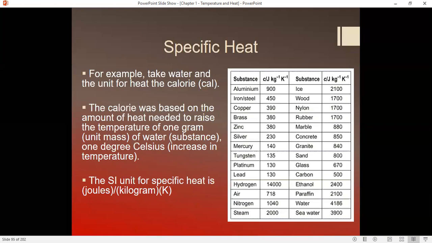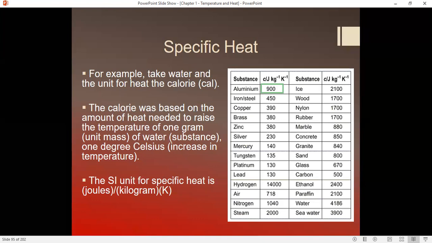All right. Here are some different specific heats for many different substances. What we notice is that denser materials generally have a lower specific heat because they're just denser. They're heavier for the same volume that they occupy. So light metals like aluminum are around 900 joules per kilogram degrees Celsius, or degree Kelvin if you like.